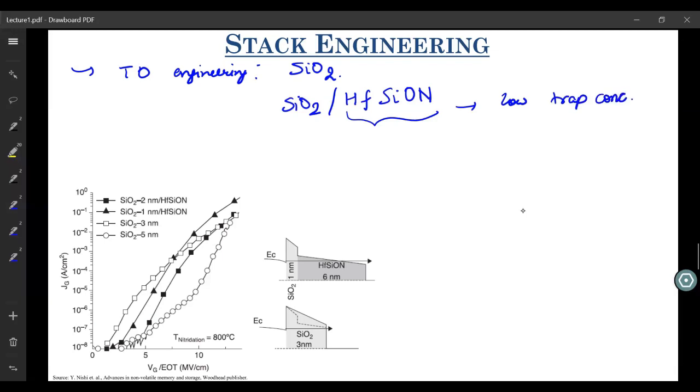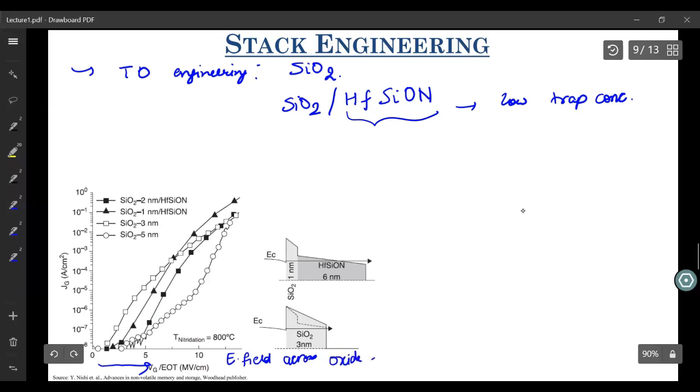Also, in this curve, on the x-axis we have plotted Vg by EOT, which gives you the electric field across the oxide. Here they are comparing different stacks. One of the most commonly used is SiO2 3 nanometers. At 3 nanometers, the mechanism is direct tunneling. The second stack is SiO2 1 nanometer and HfSiON 6 nanometers.